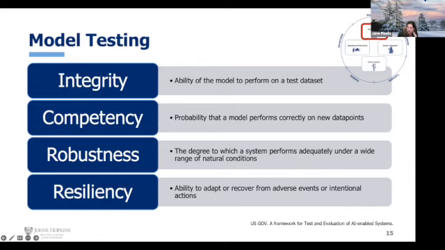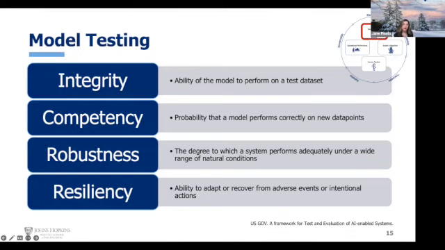Right now we're in the model integrity piece. And when we focus on model testing, we usually focus on 4 pieces of it. The first is integrity. So literally, my contractor has trained a model on some set of data. And what I want to do is test it independently on a different set of data that the contractor has never seen, to assess how good it is in a lab setting in the best possible condition.